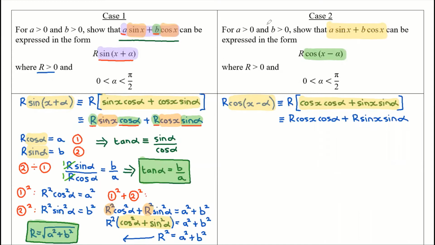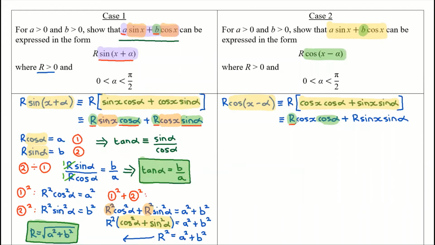So in the first term, we've got the r and the cos alpha. Now that's the cos x part. So this is where we've got to be careful. The cos x, they will basically equal the coefficient multiplying the cos x. So in other words, they're going to be equal to b up here. So it's in reverse order, but it's still doable. That's really important.